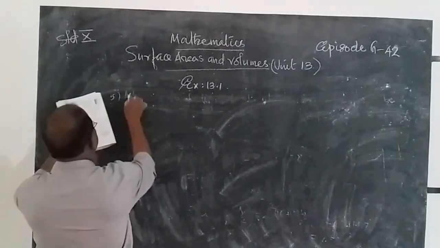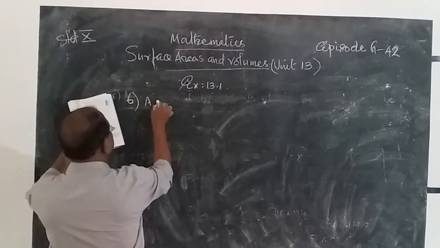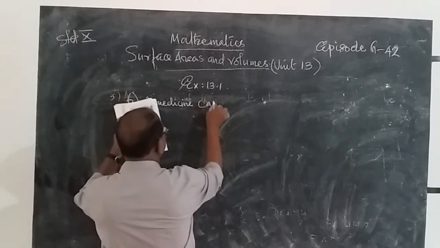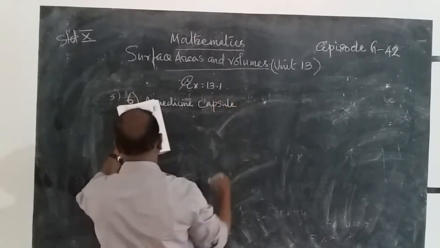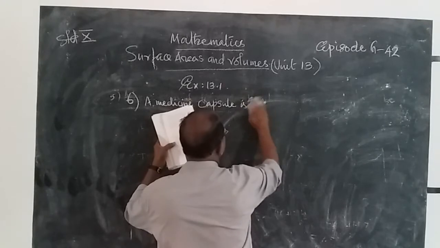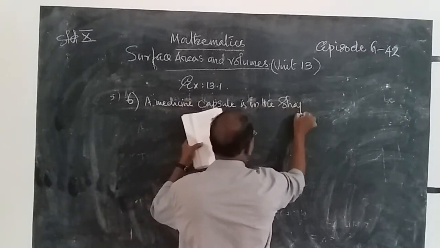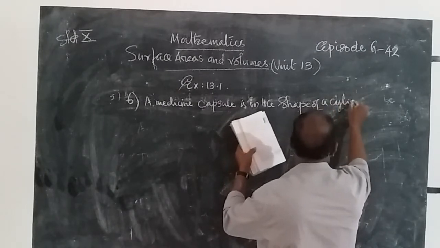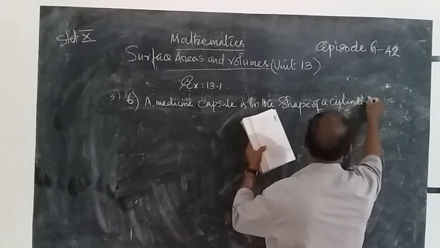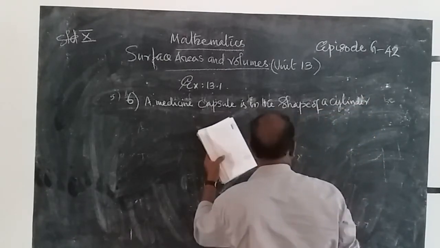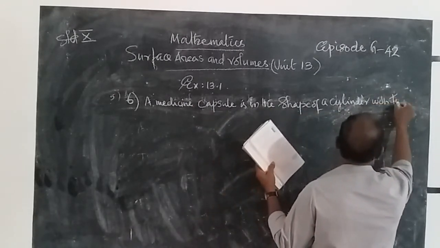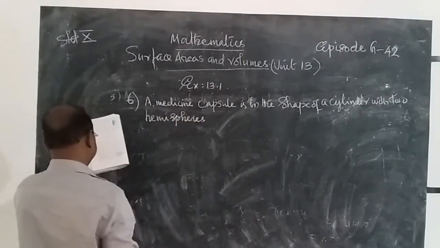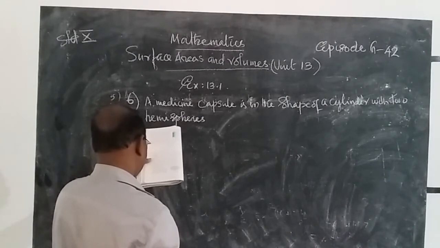Then question number 6. A medicine capsule is in the shape of a cylinder with two hemispheres on each end.